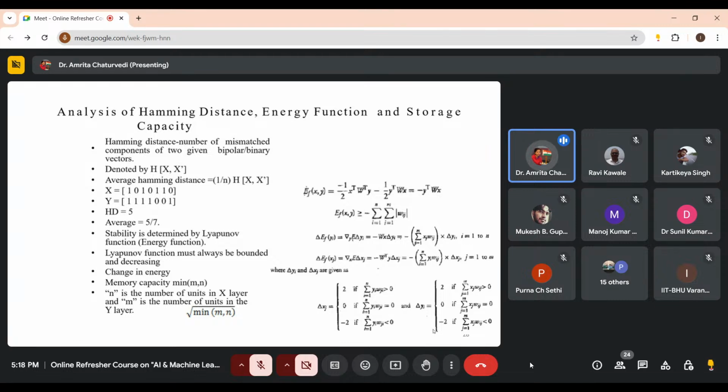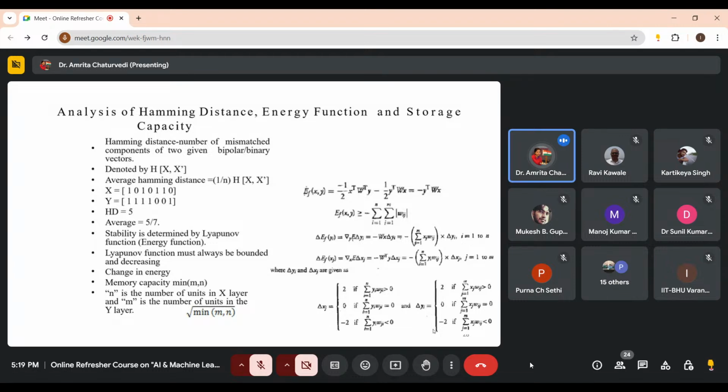So let us see the analysis of the Hamming distance and energy function. So Hamming distance is the number of mismatched components of two given binary or bipolar vectors. So this is denoted as h of x, x dash. So suppose we want to calculate the average Hamming distance between two vectors x and y, right?